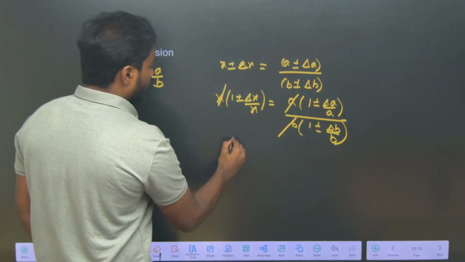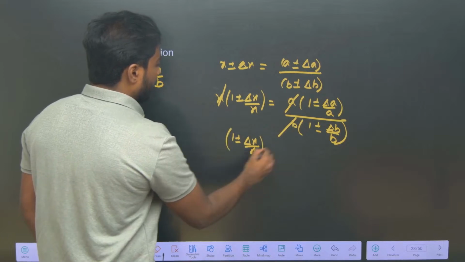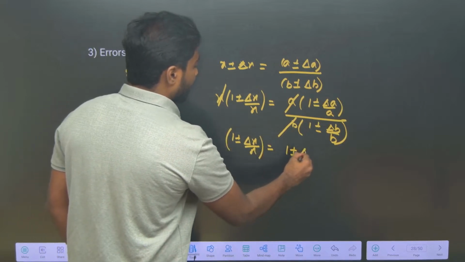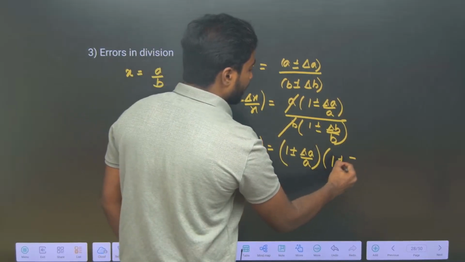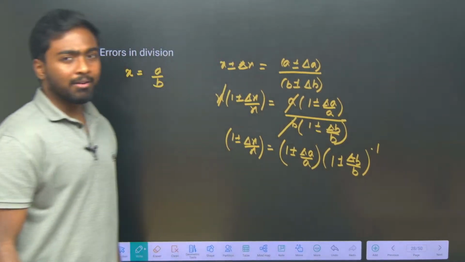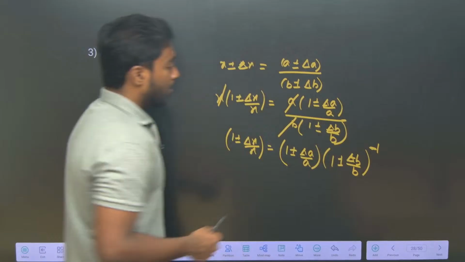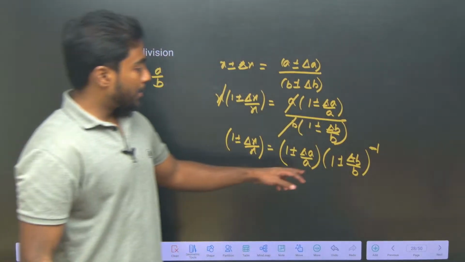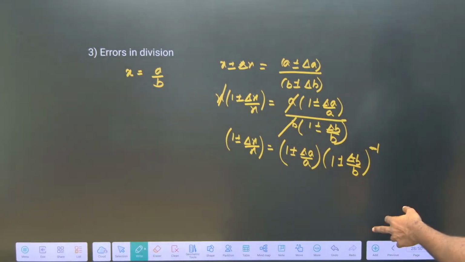So now here 1 plus or minus delta x by x will be equal to 1 plus or minus delta a by a into 1 plus or minus delta b by b power minus 1. Right.